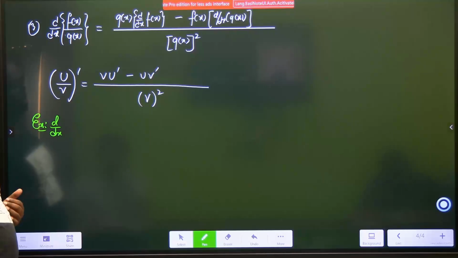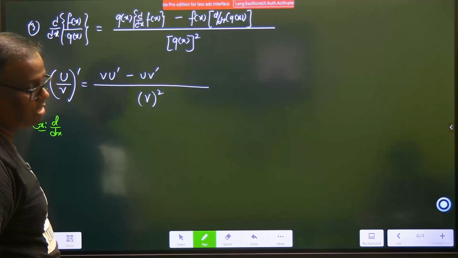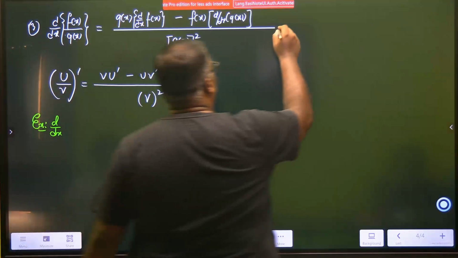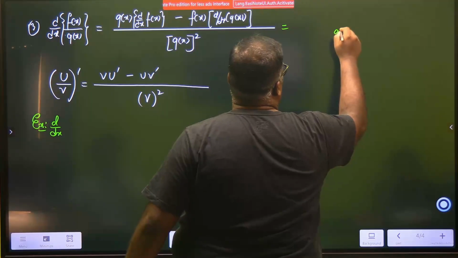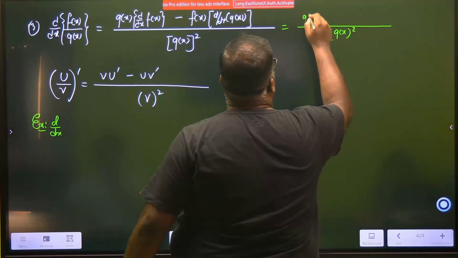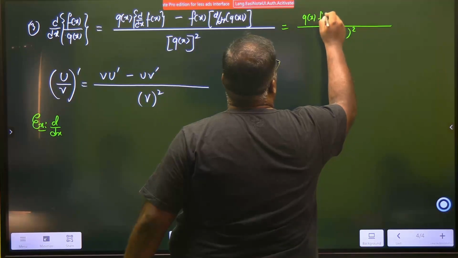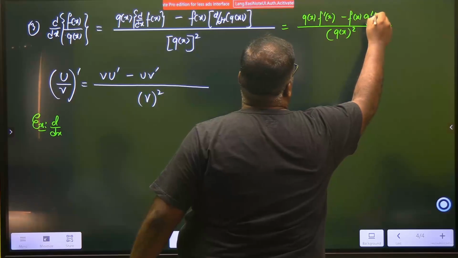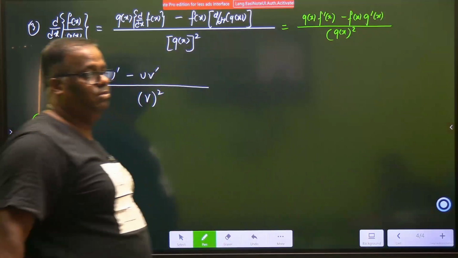Quotient rule: f(x) by g(x) has g(x) whole squared in the denominator and on top g(x) f'(x) minus f(x) g'(x). If you want to simplify it further, you can write g(x) whole square, and here g(x) f'(x) minus f(x) g'(x). Doesn't make a big difference. Same thing.